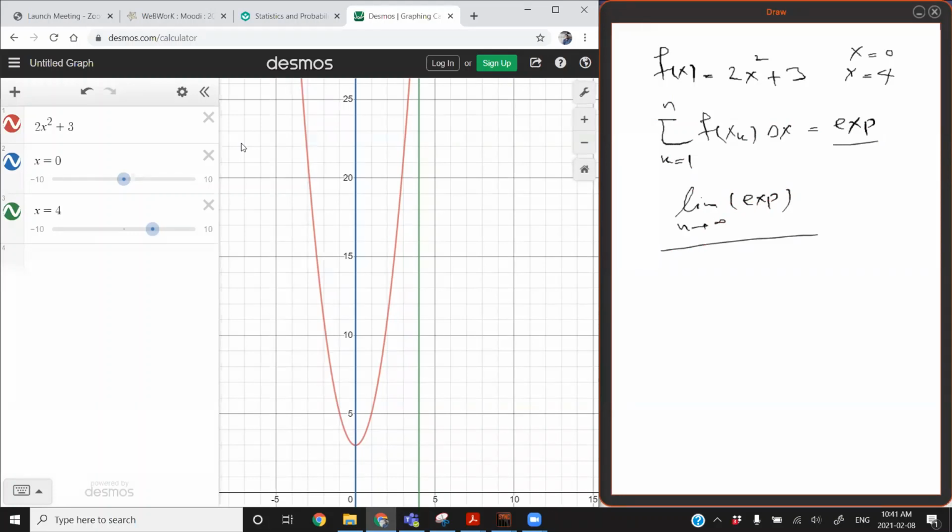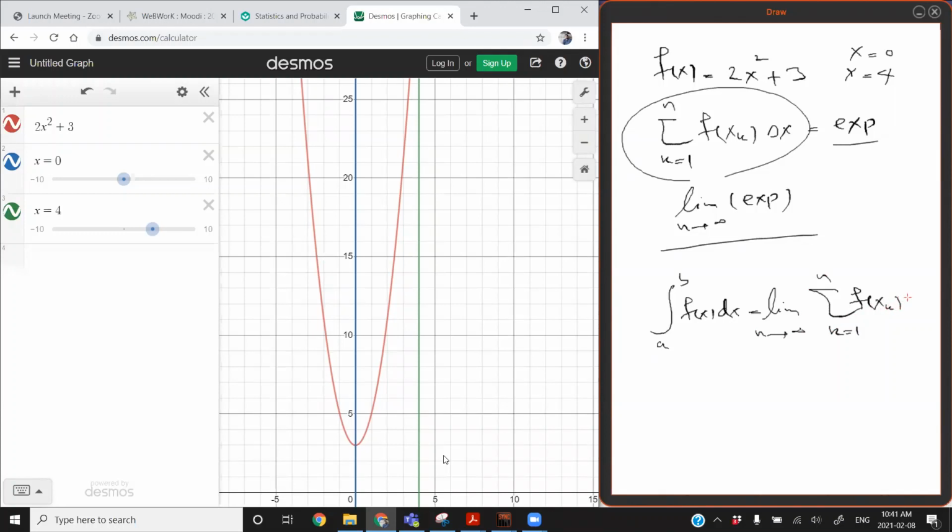So first write this, simplify it. That will be an expression in terms of n. It will have only n in it, no other variable. And then we take the limit of that as n approaches infinity, because we're going to use this formula that the integral from a to b of f of x dx is going to be the limit as n approaches infinity of sigma k from 1 to n of f of xk times delta x.